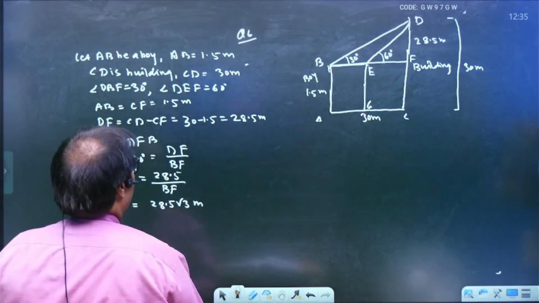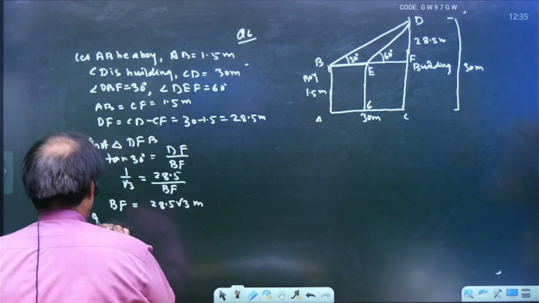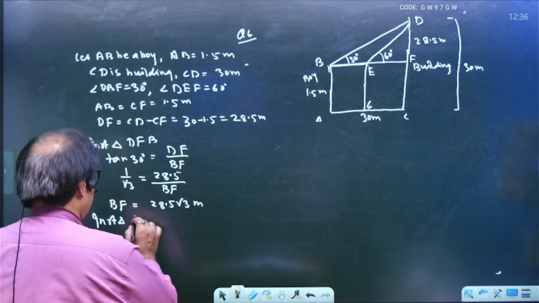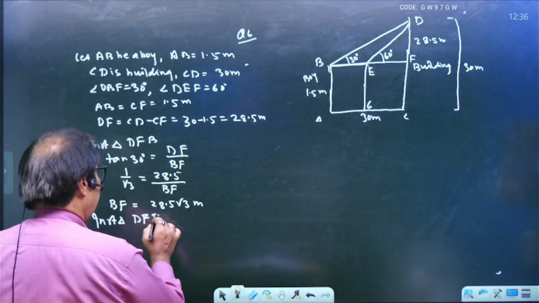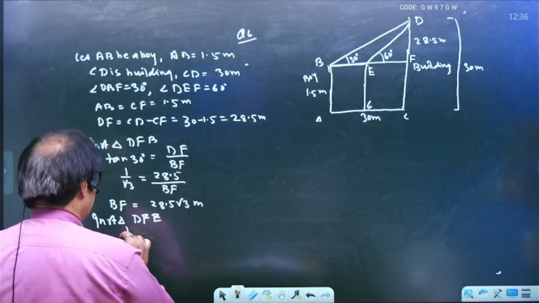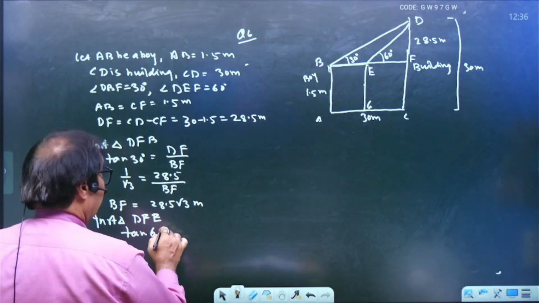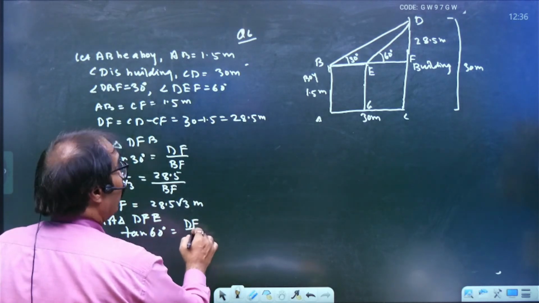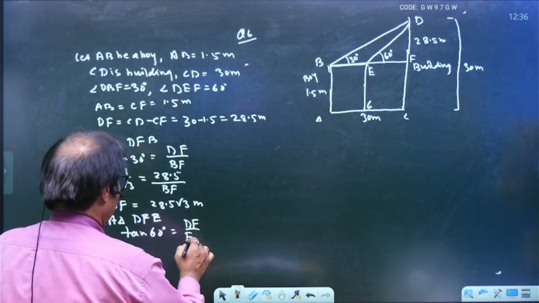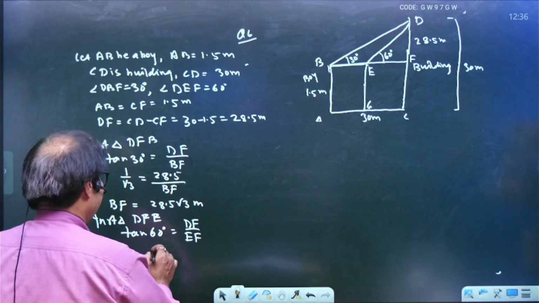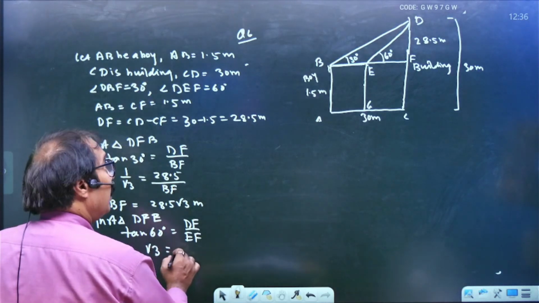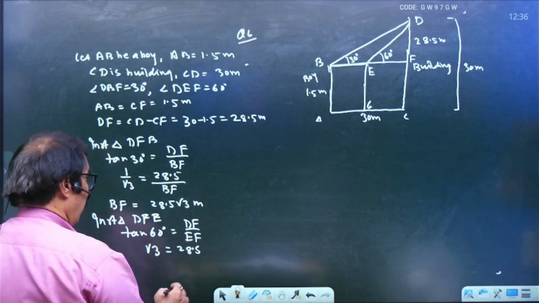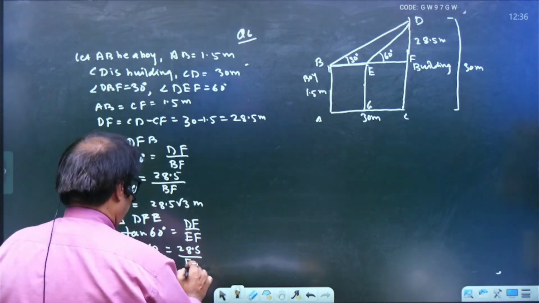Now move to right triangle DFE, and tangent 60 degree is equal to perpendicular, that is DF, upon base, that is EF. Tangent 60 degree means root 3, and DF is 28.5 upon EF.